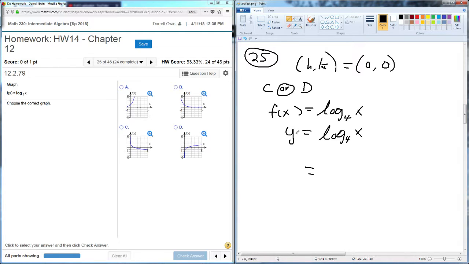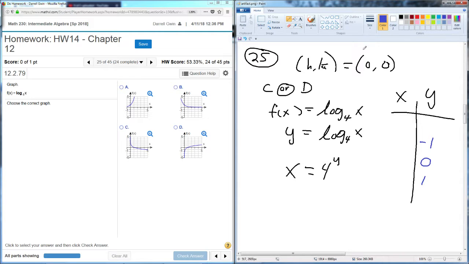Base 4 to the power of y equals x. There we go. And we're going to make a t-table. Now, we're not going to be plugging in values for x. We're going to be plugging in values for y, because that's the easiest way to do t-tables. So I'm going to use 0 for y, negative 1 for y, and 1 for y.